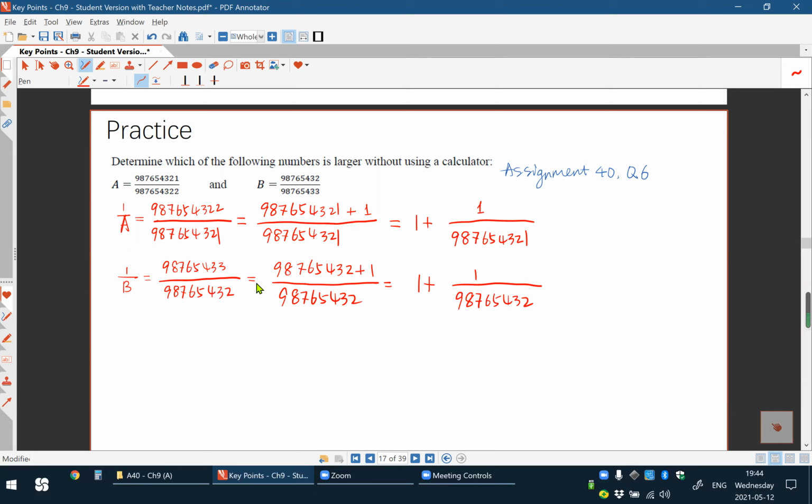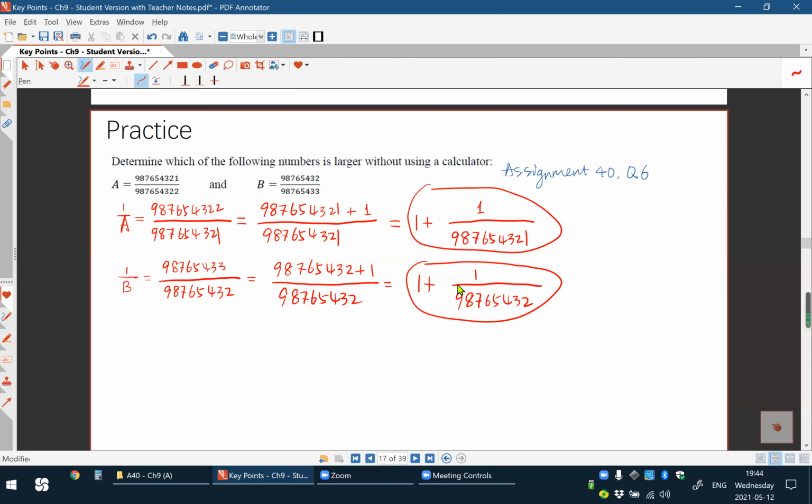Okay, and now can you see how do we compare these two numbers? We can compare the two numbers here, right? So which one of these two numbers is larger?